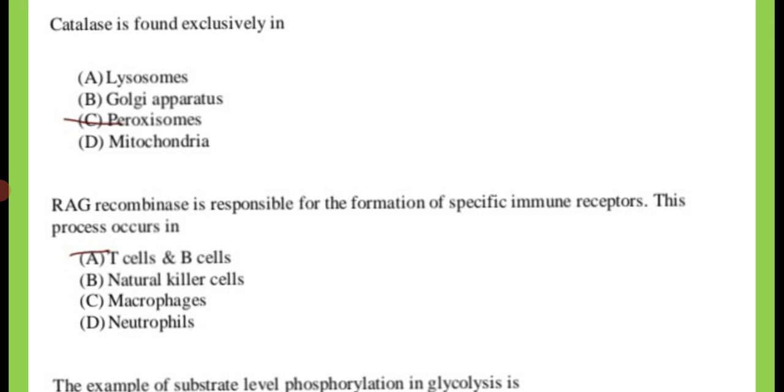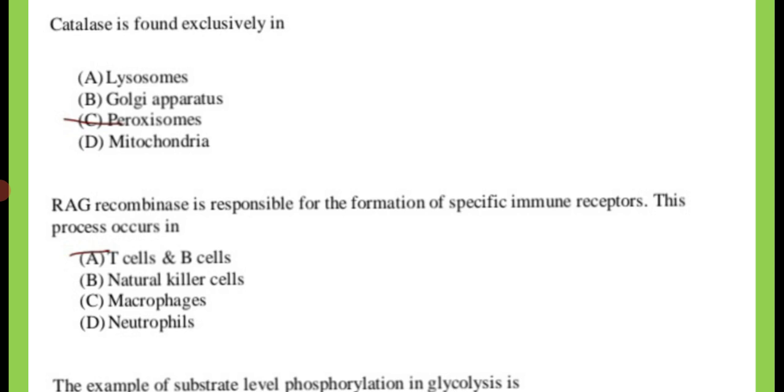The next question, RAG recombinase is responsible for formation of specific immunoreceptors. This process occurs in T cells and B cells. The RAG recombinase, RAG1 and RAG2, catalyzes all the VDJ recombination events.